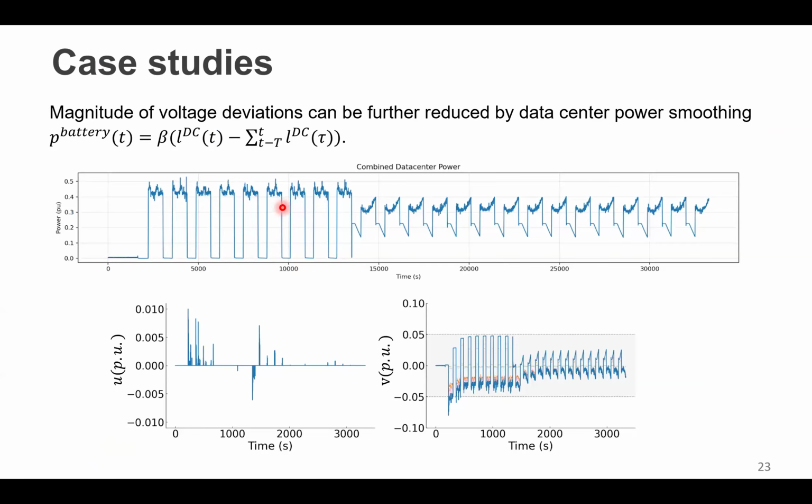Right, so here we want to show that by further adding some control from energy storage to smooth out the data center power consumption, we can change the period and the peak of the power.